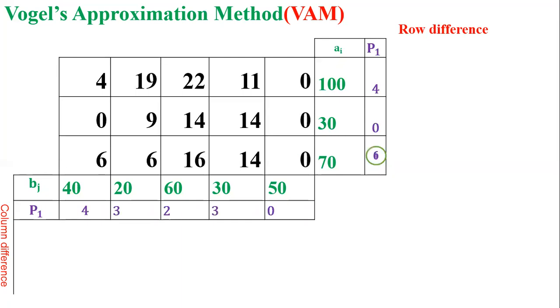You have to enter that row. From the highest difference row, you have to choose only the least element. The least element is 0. Its corresponding ai and bj values are 50 and 70. The minimum is 50, so you have to allocate 50 in that place.